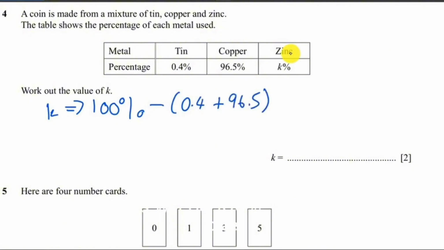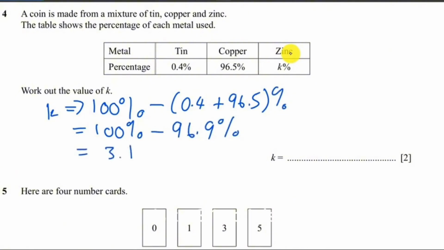Okay, so this will be 100% minus 96.9%, and that will be very simple now. This is equal to 3.1. So K is equal to 3.1. You're not supposed to write percent because the percent is already written there. So the value of K only is 3.1.